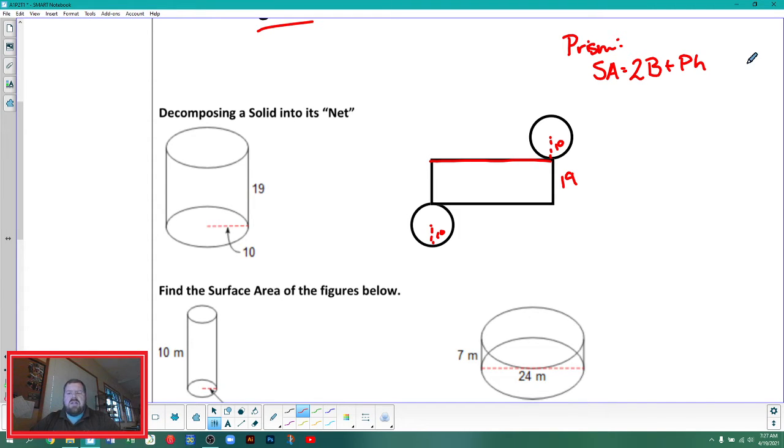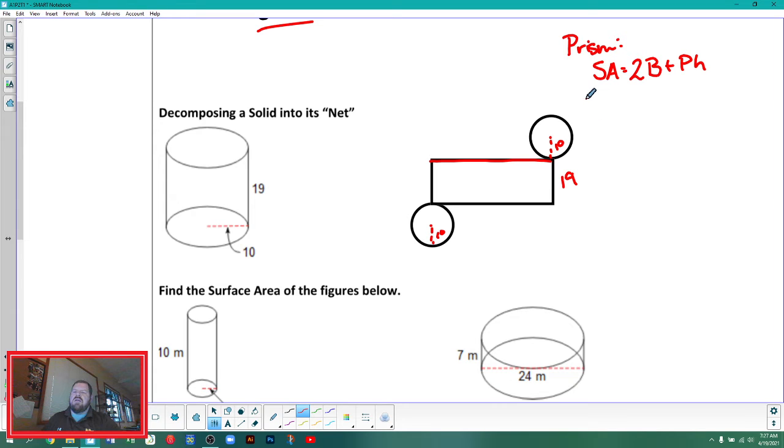So this is no more than a prism, and we're going to use that idea. But we have some special formulas when we're talking about this being a cylinder. The special formulas just come from the fact that we're dealing with the perimeter of a circle and the area of a circle.